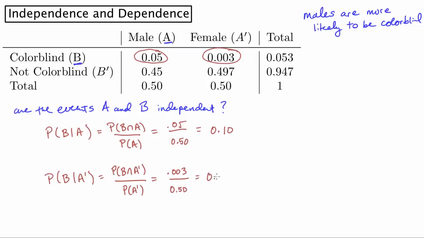Because of that, it's clear that changing from male to female made a difference. In other words, the occurrence of A had an effect on the probability of B.